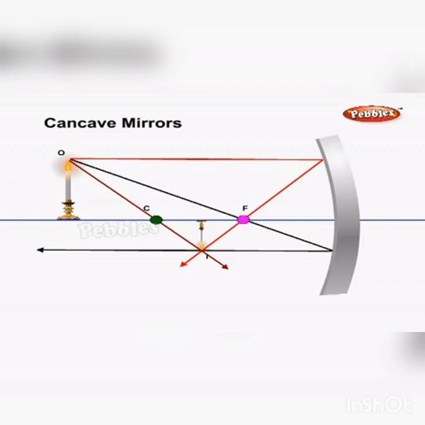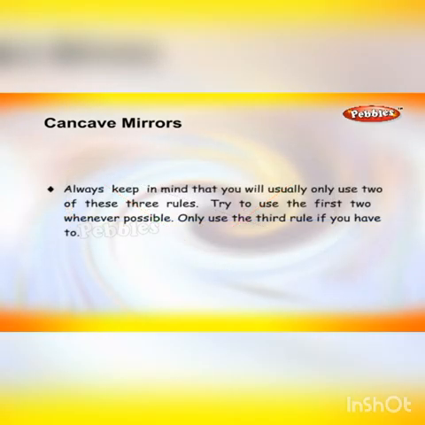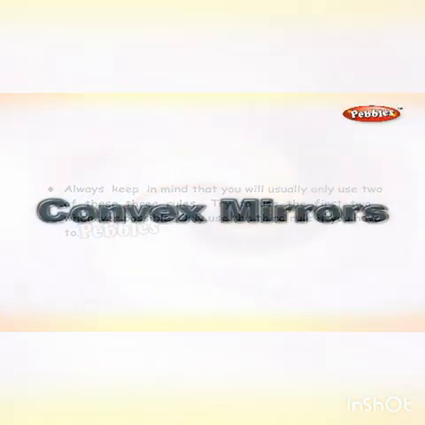Notice that it hits just about where the other two rays meet up. We are probably doing okay. Always keep in mind that you will usually only use 2 of these 3 rules. Try to use the first 2 whenever possible. Only use the third rule if you have to.